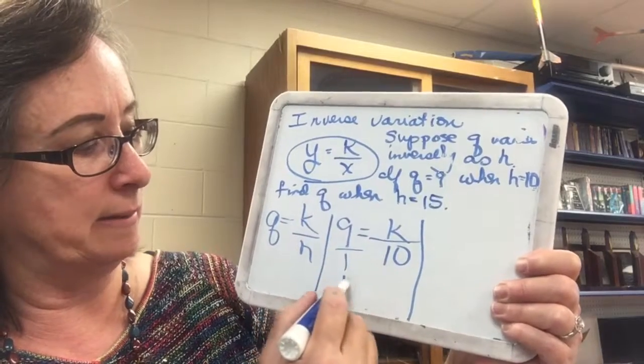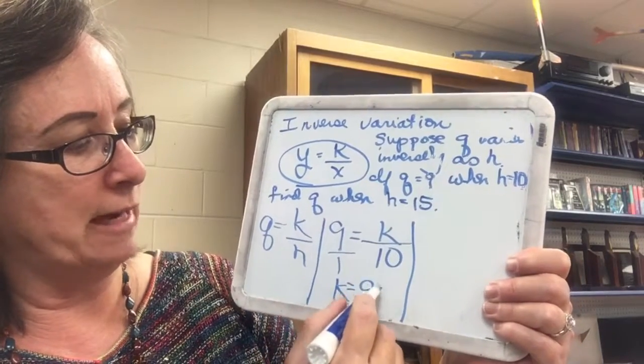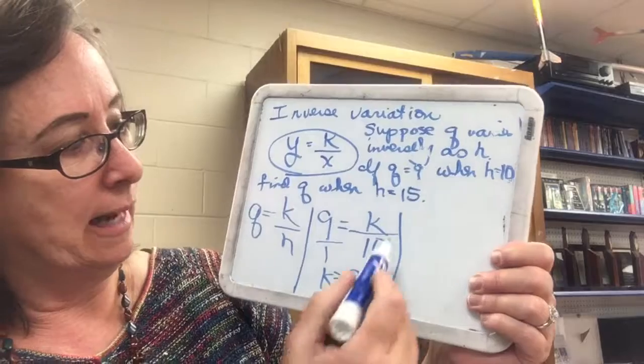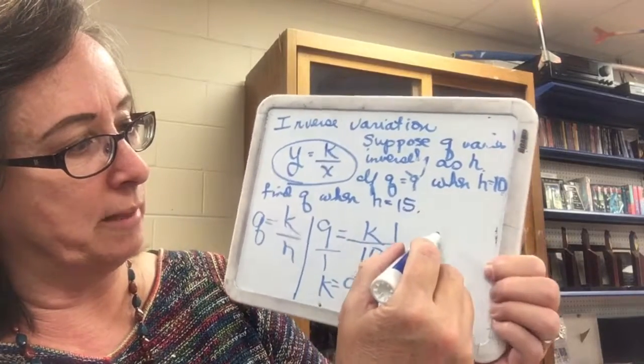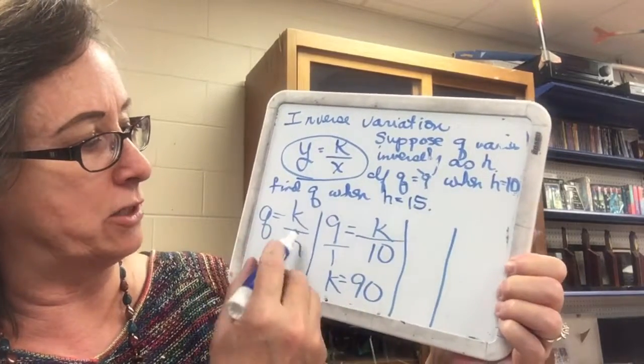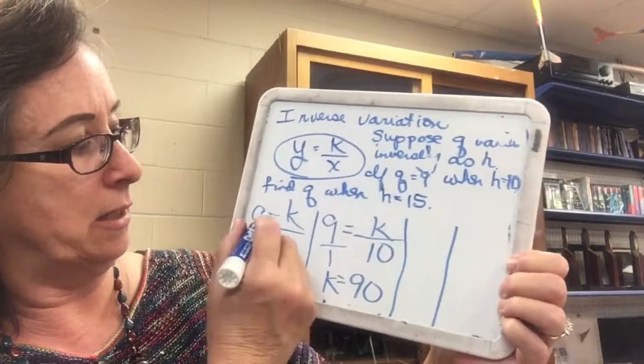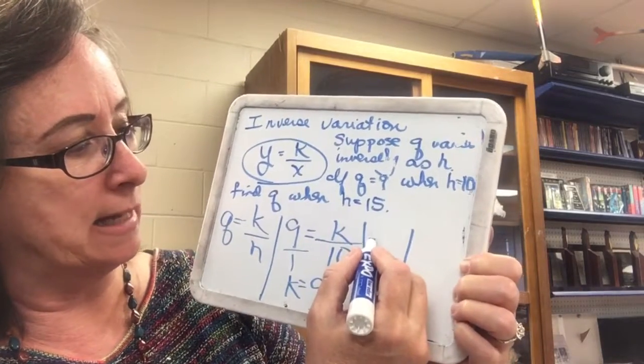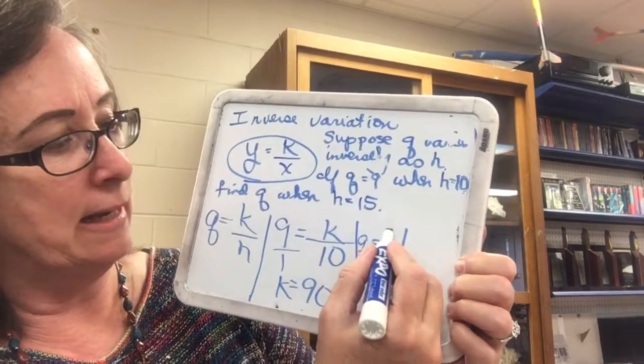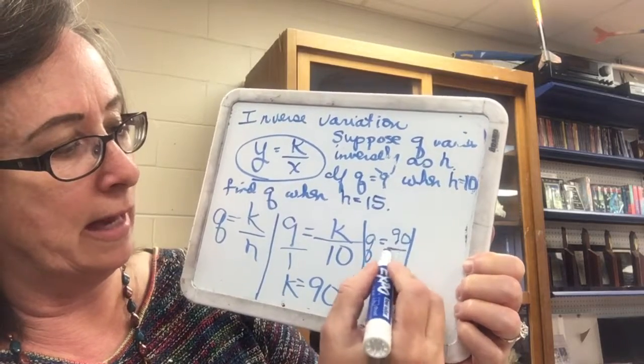K is 90. So I find my k, and then my next step is to rewrite my equation. So that's going to be q is k over h, but k is 90, so q is 90 over h.